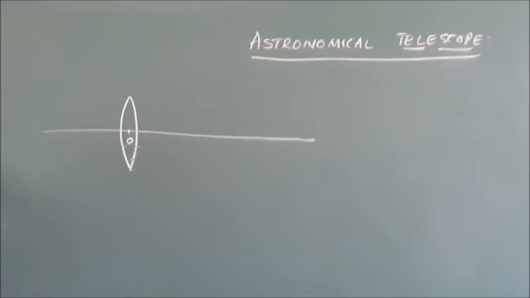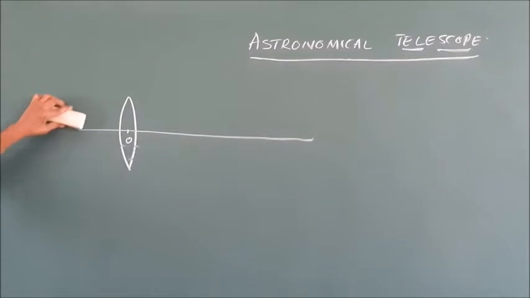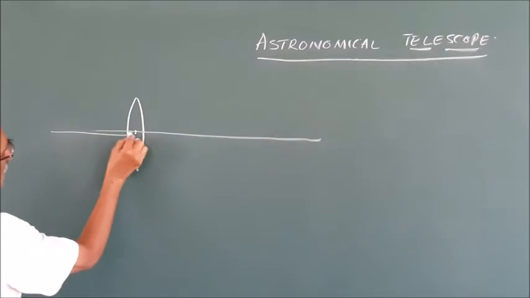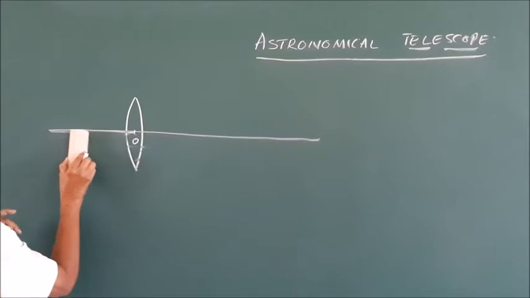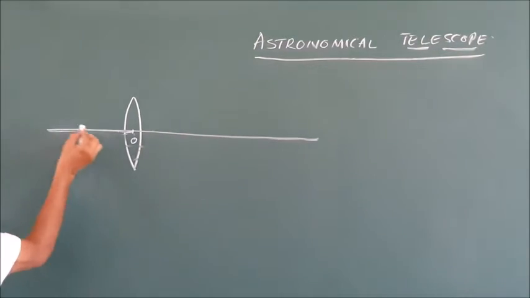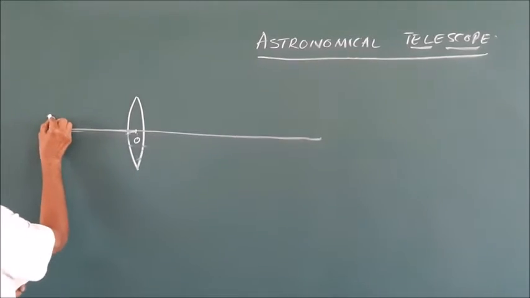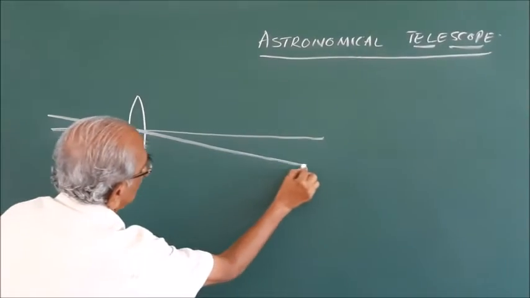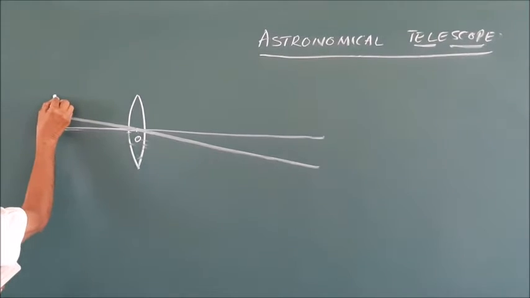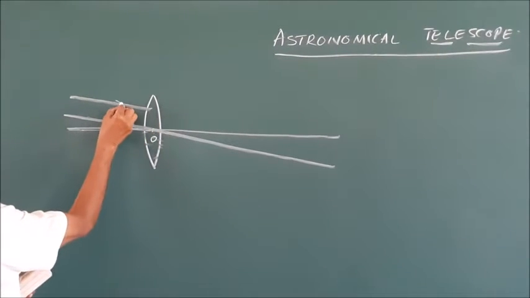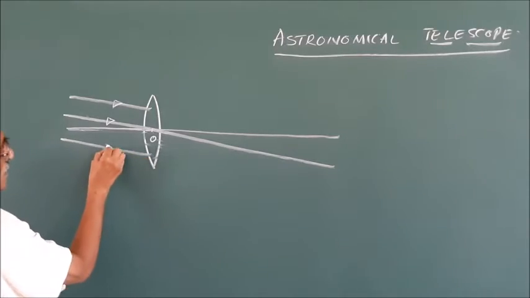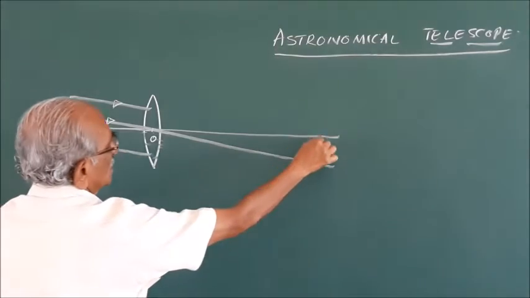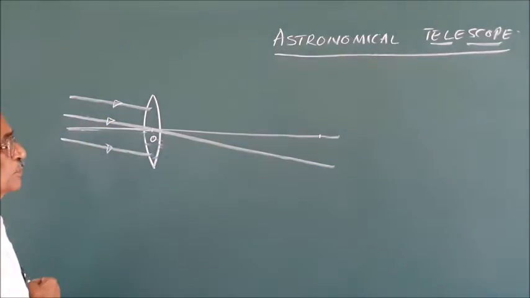Now, the object is at infinite distance. Therefore, the rays reaching the objective will be parallel. A parallel beam of light, let us suppose, falling on the lens like this, is focused at the principal focus.